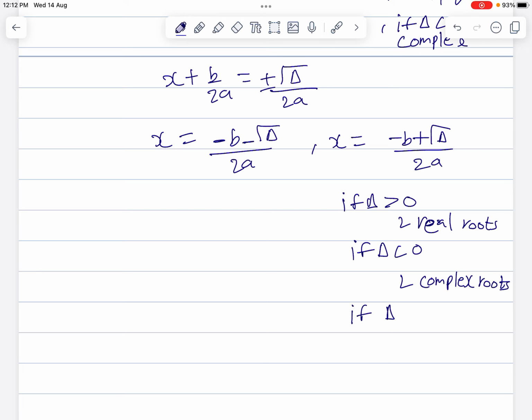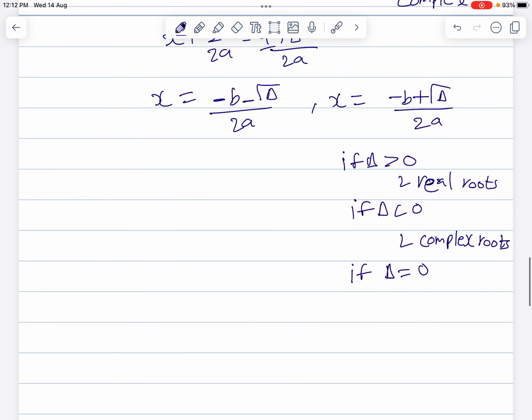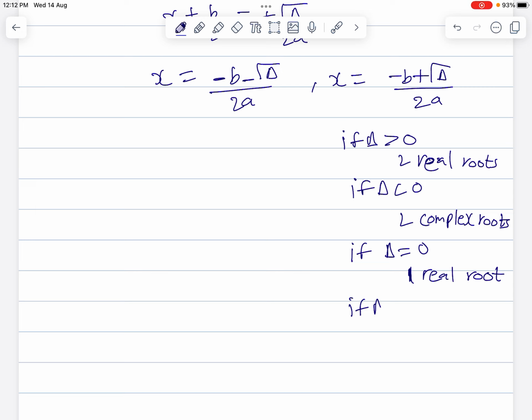If delta is equal to 0, we will have one real root. If delta is a perfect square, we will have two rational roots.